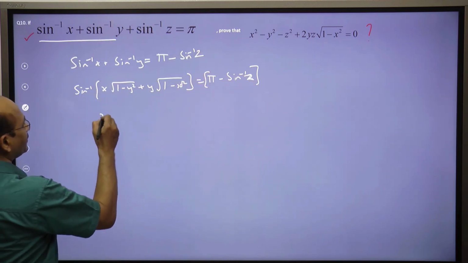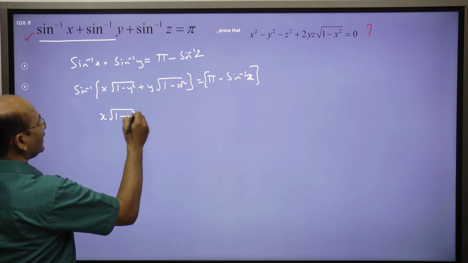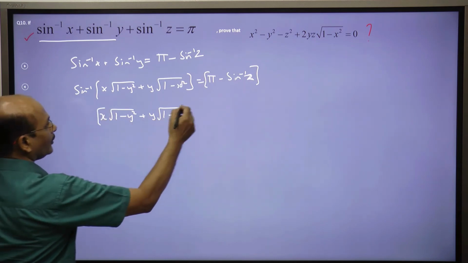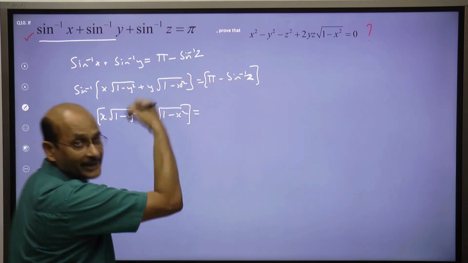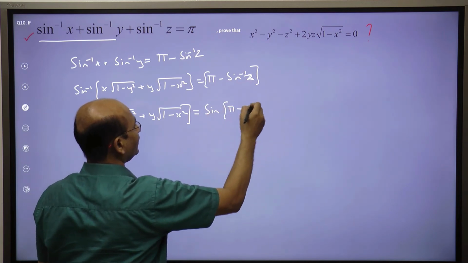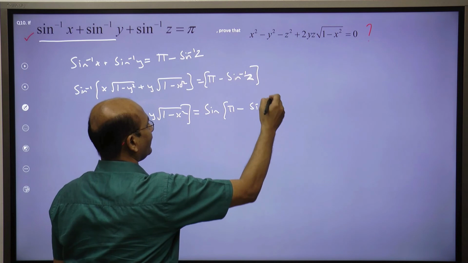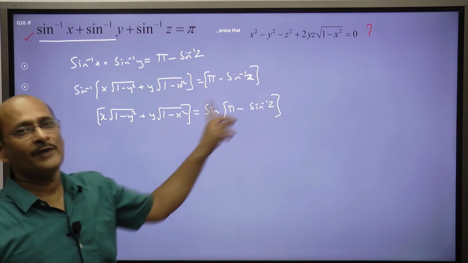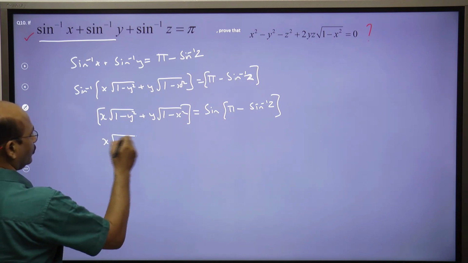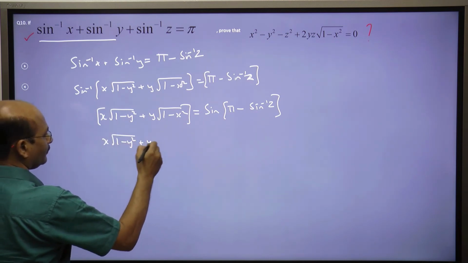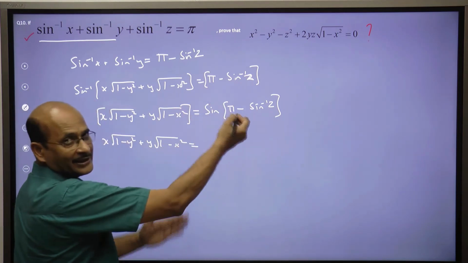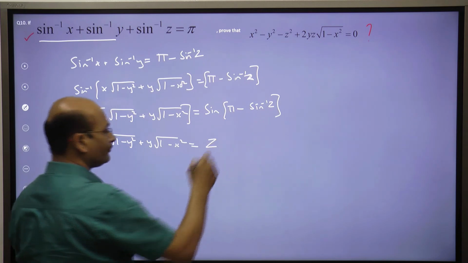So x root of 1 minus y square plus y root 1 minus x square is equal to sine of 180 minus theta, and sine of 180 minus theta is sine theta. So sine of sine inverse z will become z.